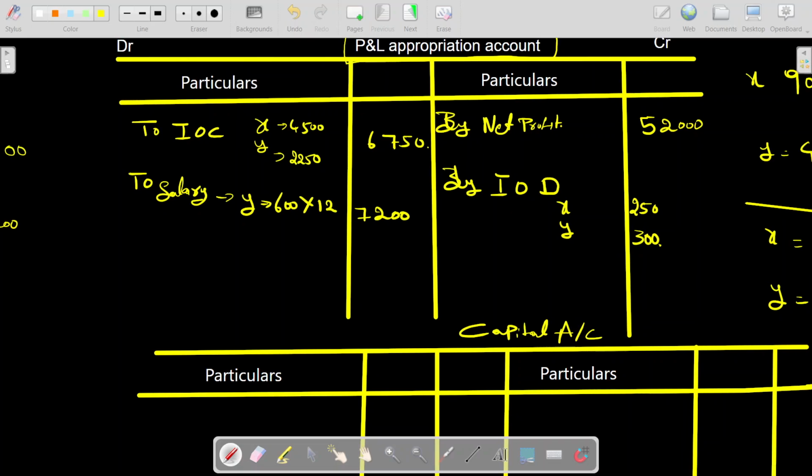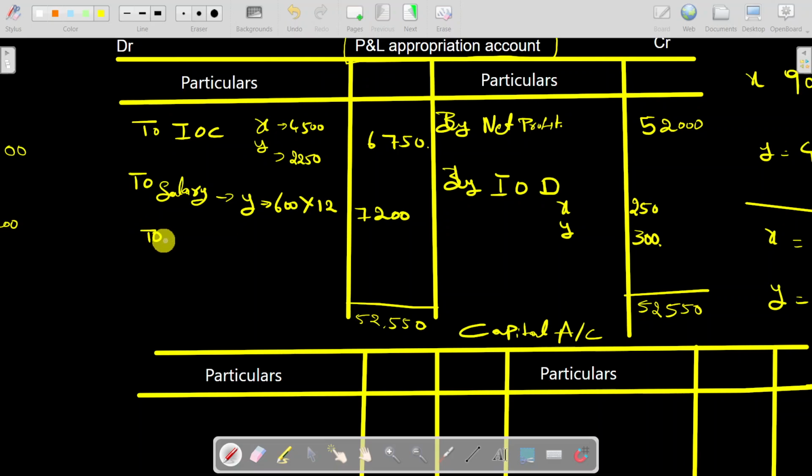And this is the P&L appropriation account, and we have to do balancing. Here we will have a total of 52,550.